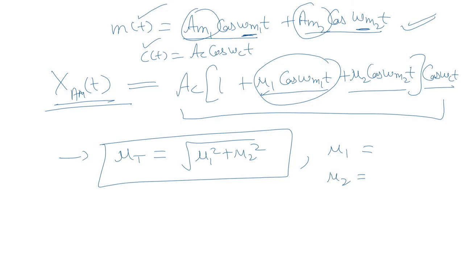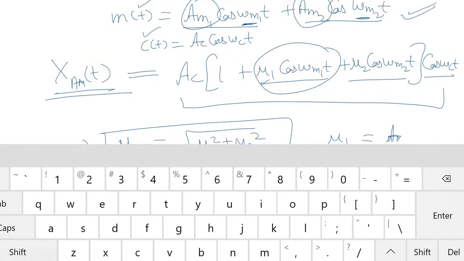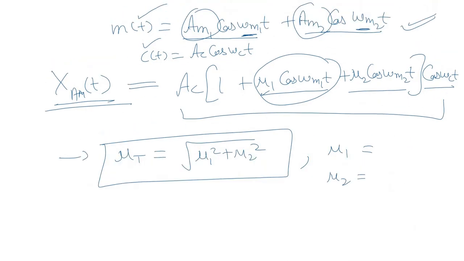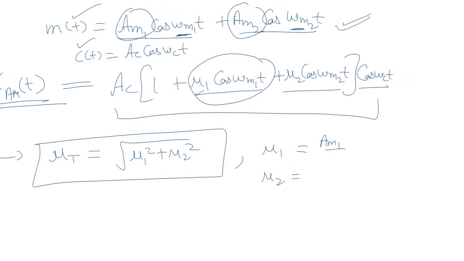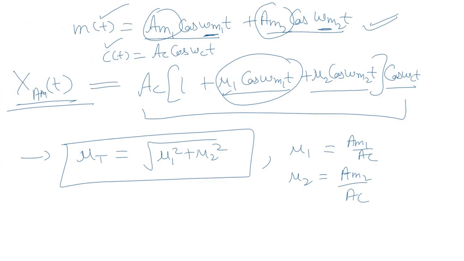Like mu1 would be equal to Am1 divided by Ac, and mu2 will be equal to Am2 divided by Ac. Alright. So these will be the individual modulation indices, and the overall modulation index mu t can be calculated as such.